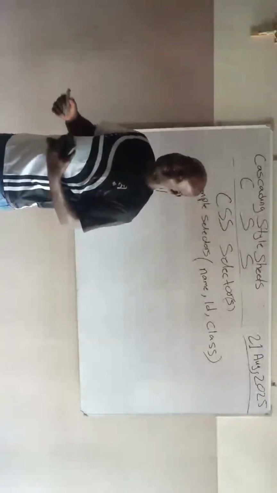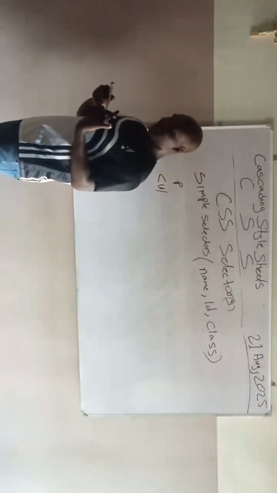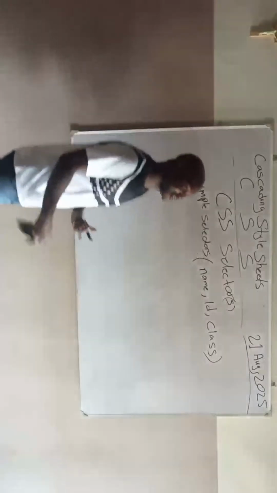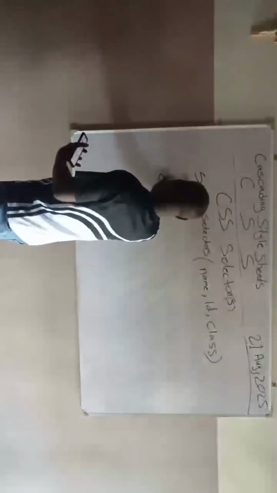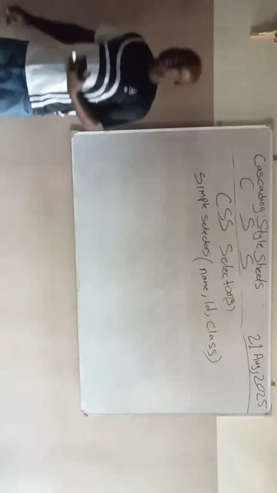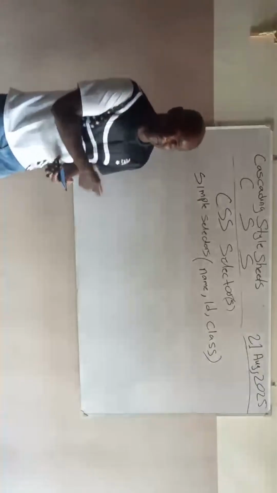Paragraph is the P tag. It's called the P tag, the UL tag, the LI tag, the font tag. So you call it by the name given to it by HTML, not the one we are giving it.